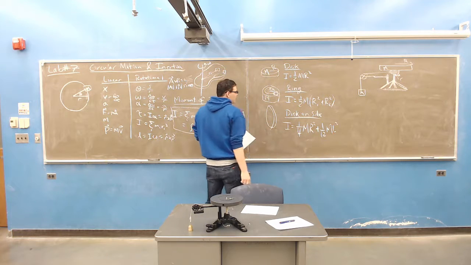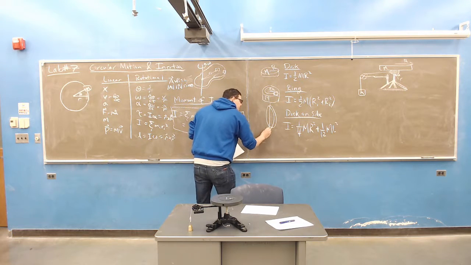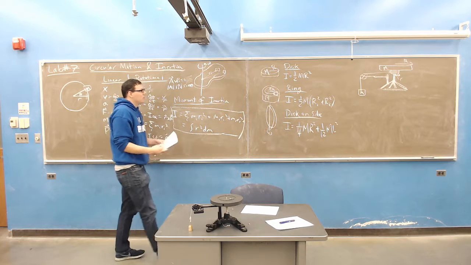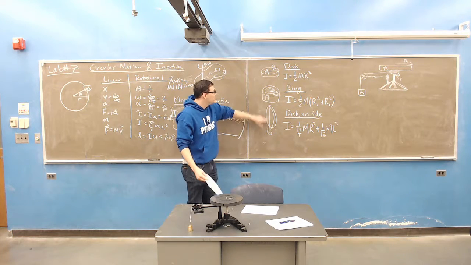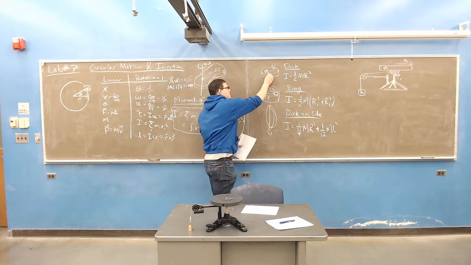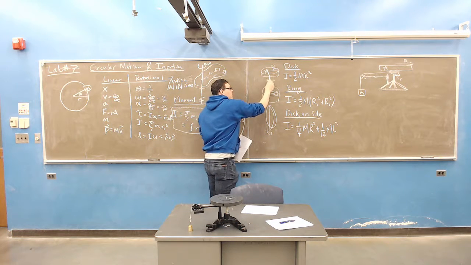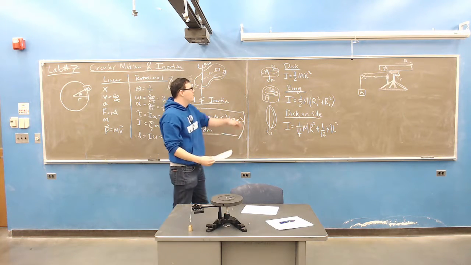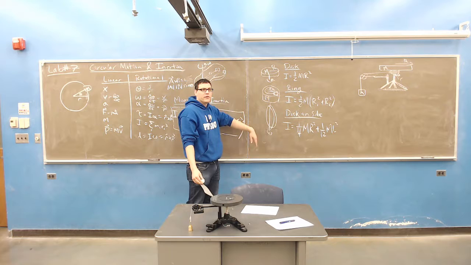Disk on its side. So now it's rotating about this axis here. So this is a disk and this is a disk. What's the difference between these two disks is that they rotate around different axes. This guy's about its center here. This guy's about its side. If they have the same mass, which one do you think will have a higher moment of inertia?